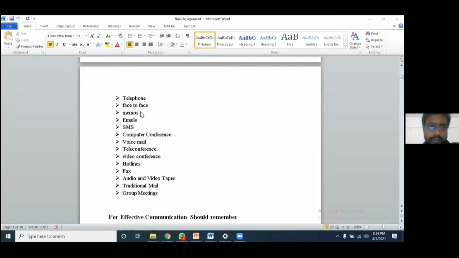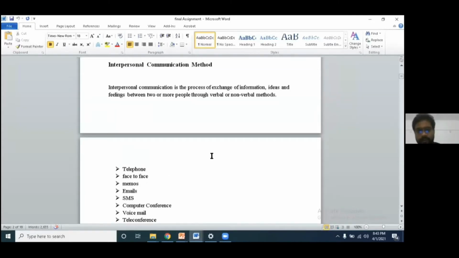Whatever we tell by mouth, like when we talk on the telephone, or computer conference, we use our mouth. Like now we are talking on Zoom. So it's mouth communication.